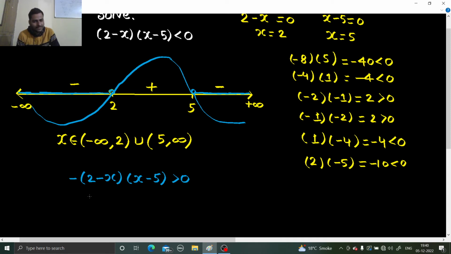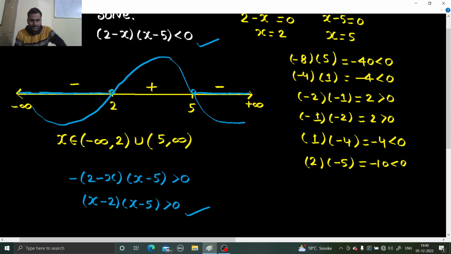So now this can be written as x minus 2 and then x minus 5 is greater than 0. So solving this one or solving this one is the same thing. They are the same people wearing different clothes, isn't it? Because the solution which you are going to get is not going to change.